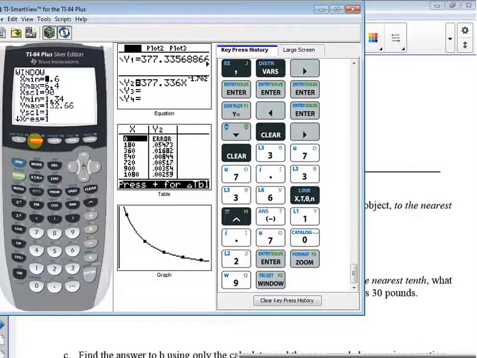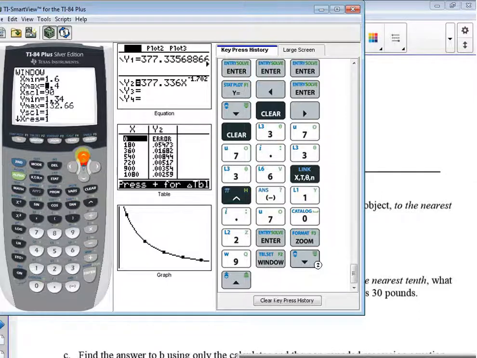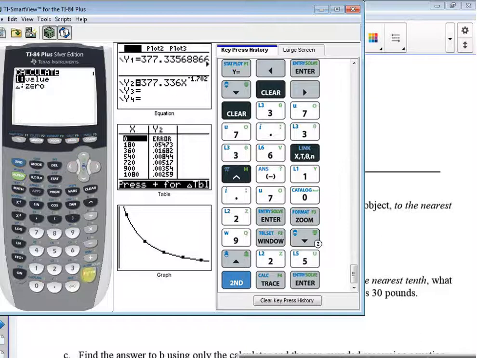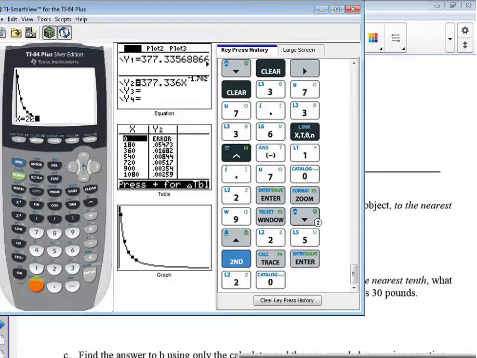And I'm going to be putting in d is equal to 20, so the x max needs to change to like 25. And I'm going to do second trace value. And it's going to let me type in 20 because now I've accommodated my window. And my y is 2, it says find it to the nearest pound. It's 2.3, so it's 2 pounds.